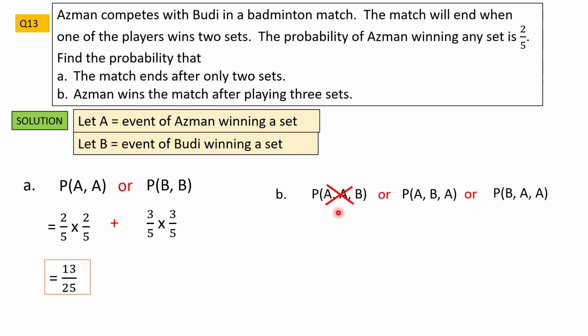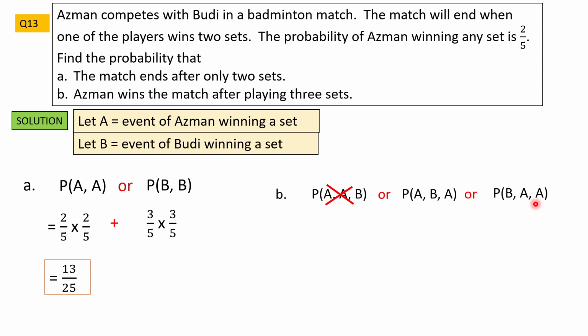So you have only 2 possible outcomes. First set Azman wins, the second set Budi wins, and the third one again Azman wins. So they are playing 3 sets and Azman wins. Or first set Budi wins, second set Azman wins, and the third one also Azman wins.